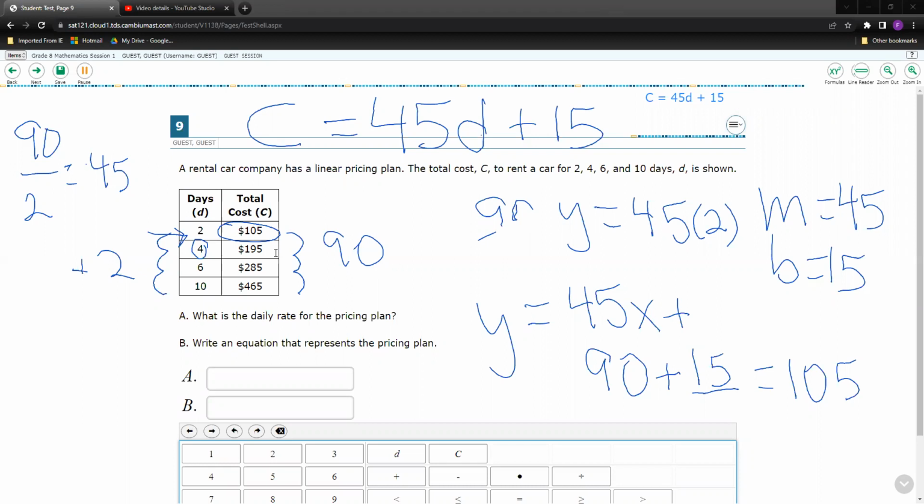So 45 times the value of D, which is 4, plus 15. 45 times 4 is 180. Plus 15 is 195. So we found the correct equation right here.